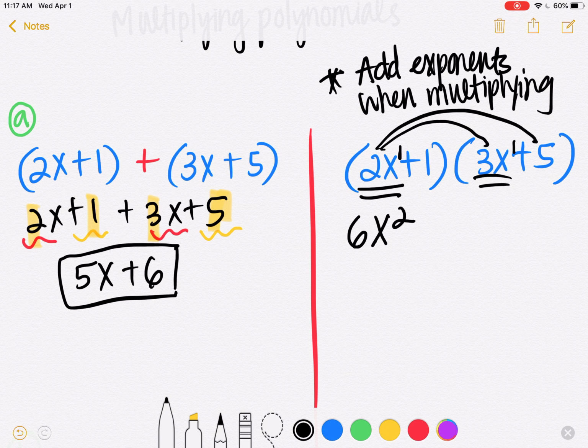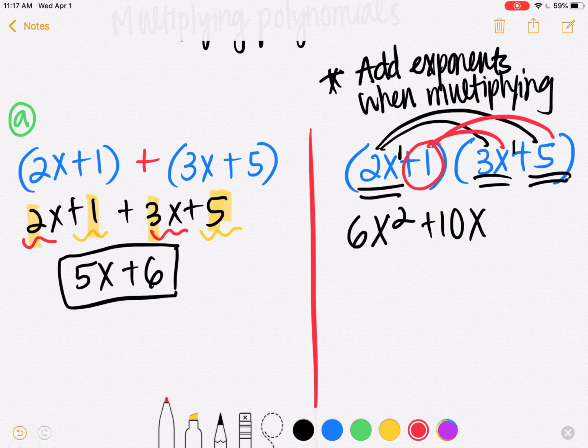Okay, so now the 2x times 5 is just going to be 10x, and that's because there's no x here for me to add. Technically there is, it's x to the 0 power, which is 1. I talked about that before, but there's no x that needs to be added onto that one. Okay, then you have to worry about your second term, so the positive one being multiplied to everything.